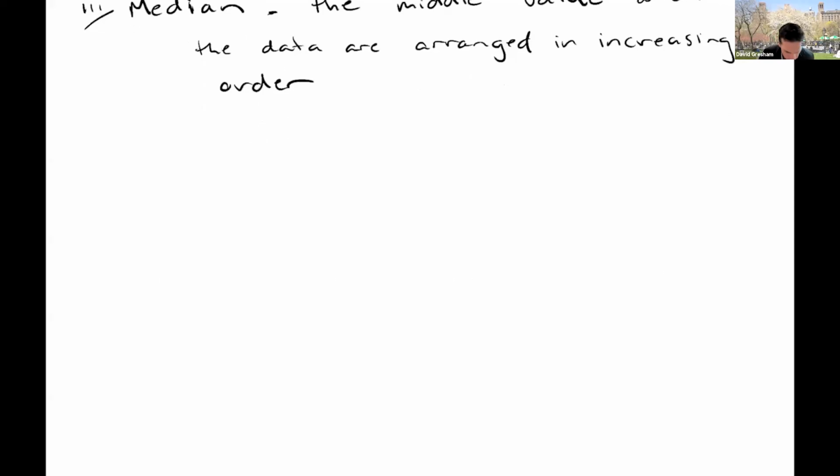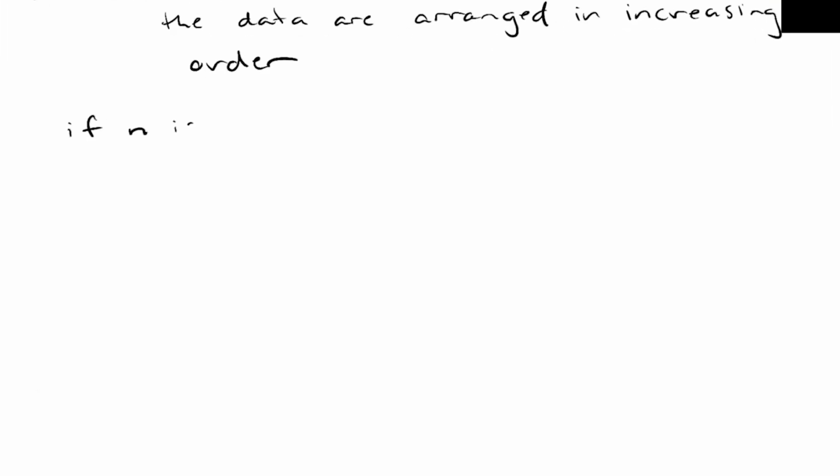Okay, so there's a little rule then that we can use, which is the following. If n is odd, so the number is odd, then the median is the n plus 1 divided by 2 position. So in this case, that's 23 plus 1 divided by 2, which is 12.